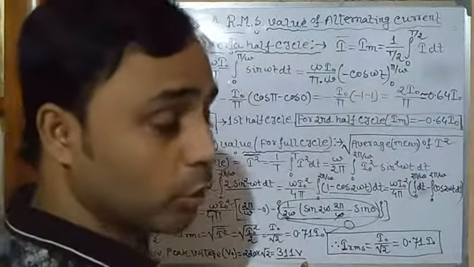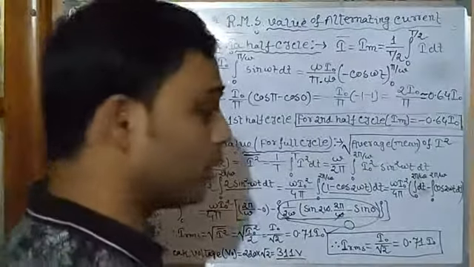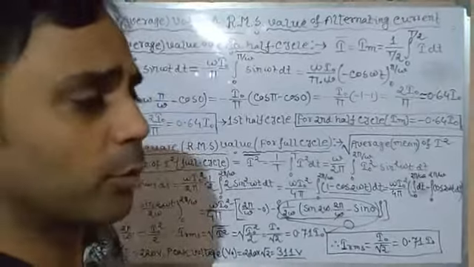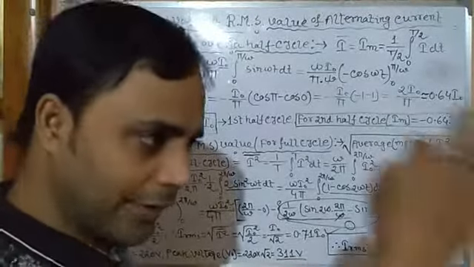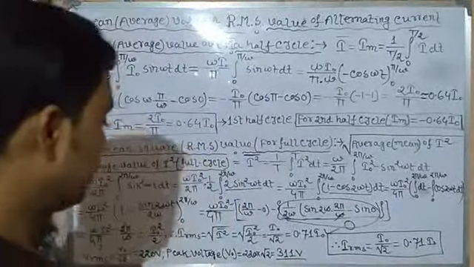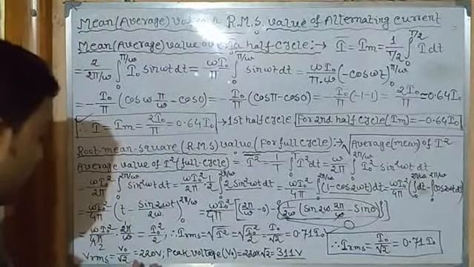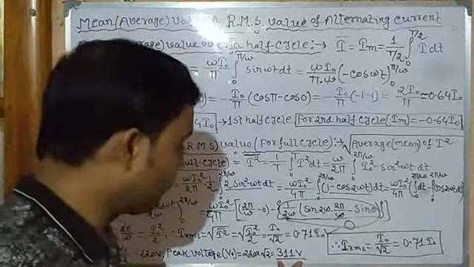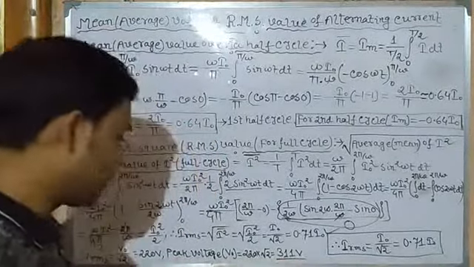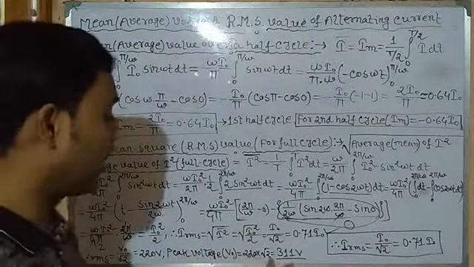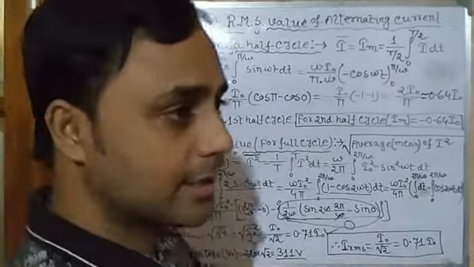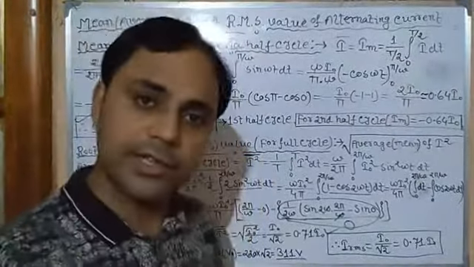If the DC voltage is 220 volt, we can get a shock only from 220 volt. But if we touch AC voltage of 220 volt, we can get a shock from 311 volt, almost 100 volt more. So that's why AC voltage is more dangerous than DC. Clear?